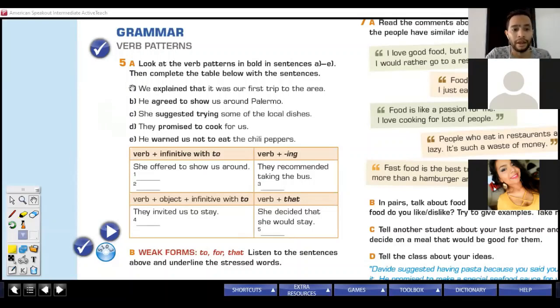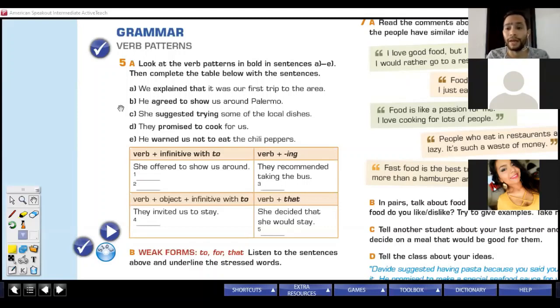They are A, B, C, D, and E, right? Now, we are going to read them and try to analyze what pattern the verb is showing us. Now, when we say verb pattern, it is like a verb that is used in a specific form, right?